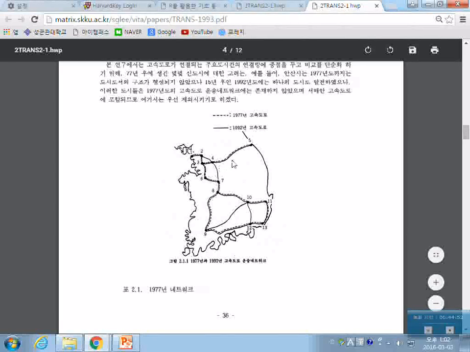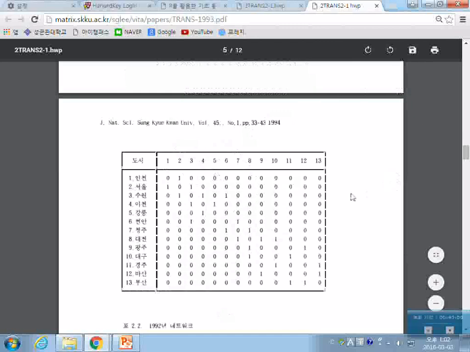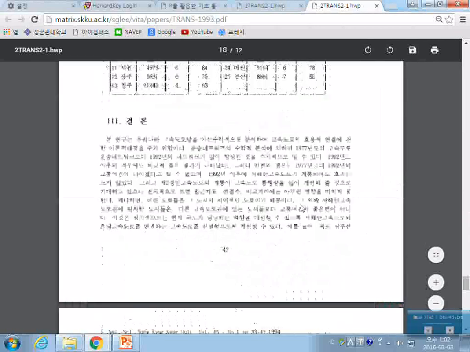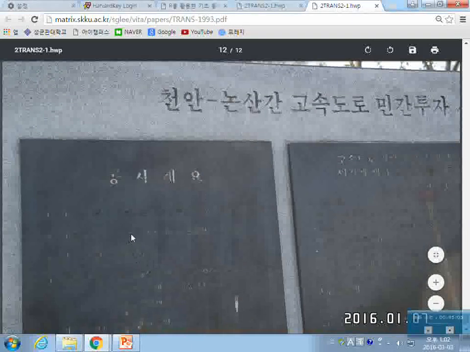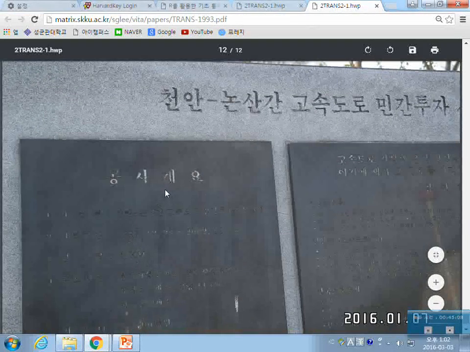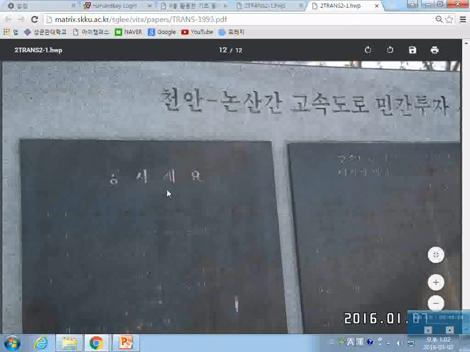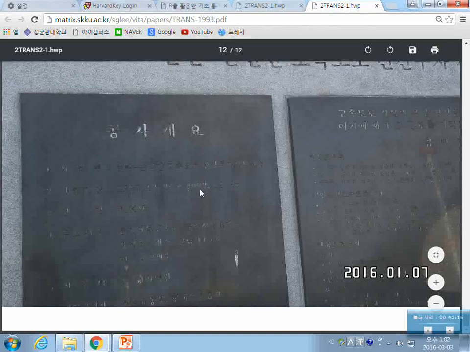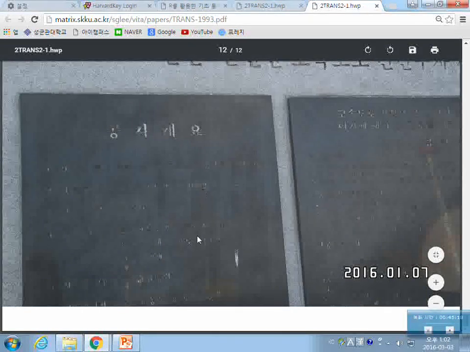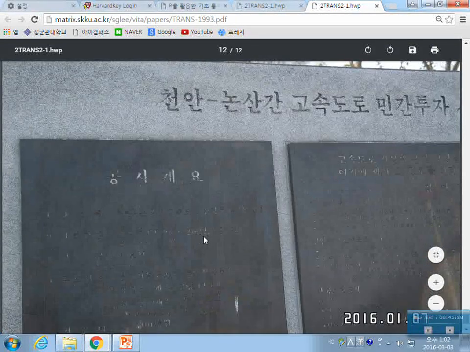And it was proposed in 1993, and it was accepted by the government, and Cheonan Nonsan Highway was decided to build up first as a Minja highway. In 1997 they started to build up, and it was completed in 2002.